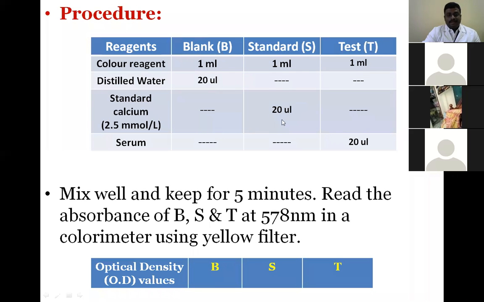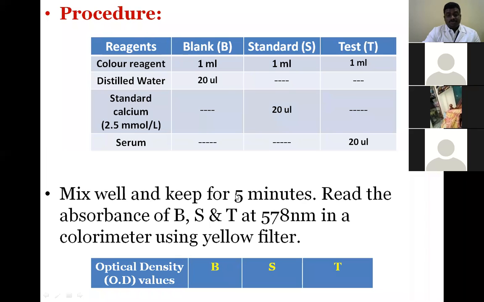In the test, we add 20 microliters of the patient serum sample. Then we mix and keep for 5 minutes, which is the incubation period.